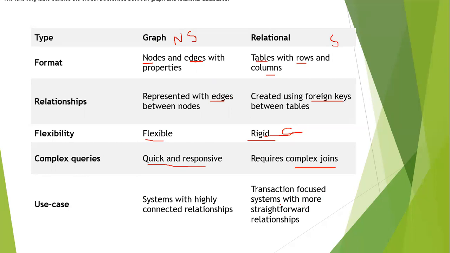Transaction-focused systems with more straightforward relationships suit the relational model. That means if you have a large number of connections with multiple tables, with multiple nodes, then better go for a graph database. If your connections are fewer, go for the relational database.